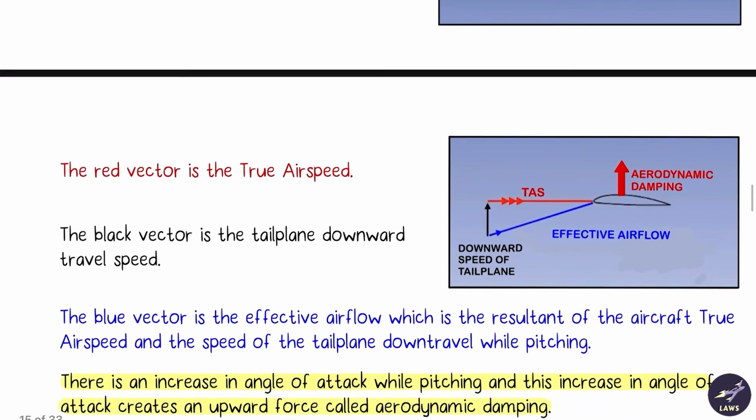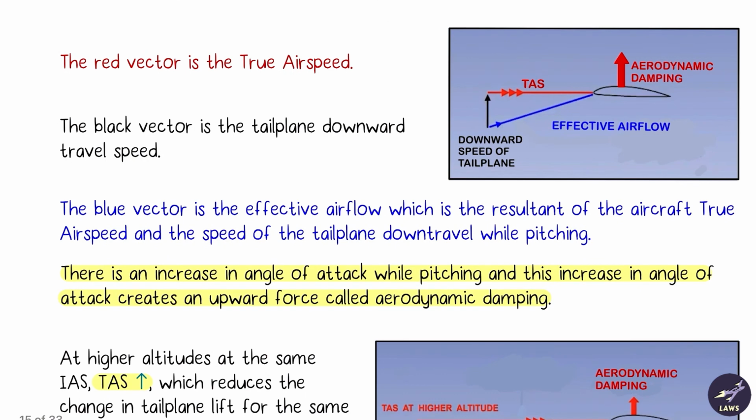If we see this diagram, the red vector is the true airspeed. The black vector is the tailplane downward travel speed. The blue vector is the effective airflow, which is the resultant of true airspeed and the tailplane downward travel.